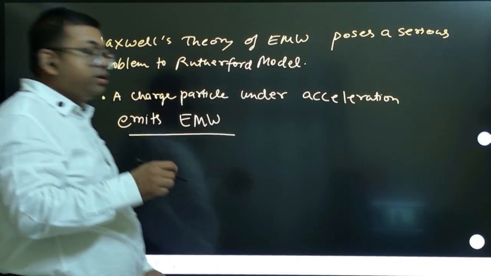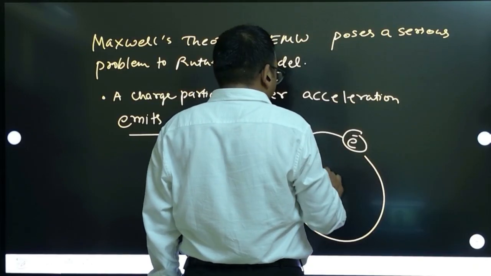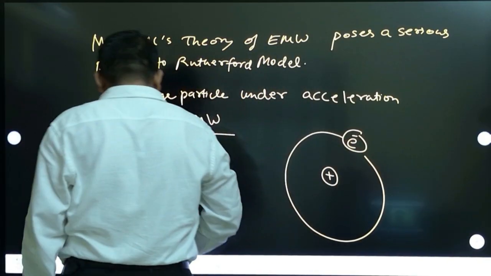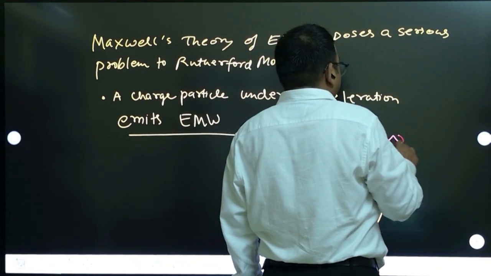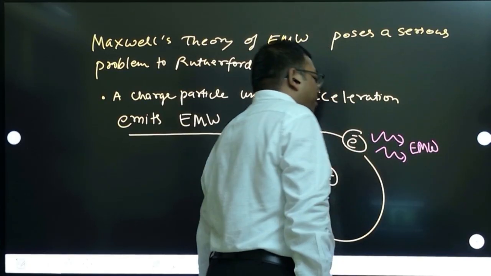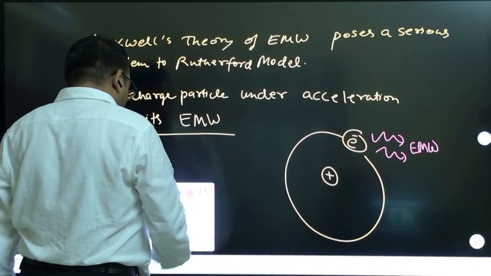So here the electron which is going in a circle around the nucleus must emit electromagnetic wave according to Maxwell's theory, right? It must start emitting electromagnetic wave. And if it starts emitting electromagnetic wave, then what happens?